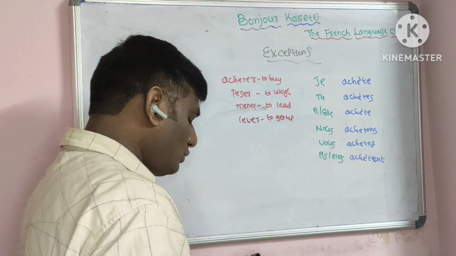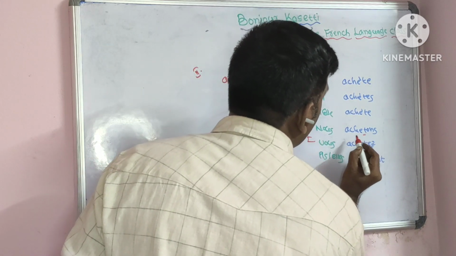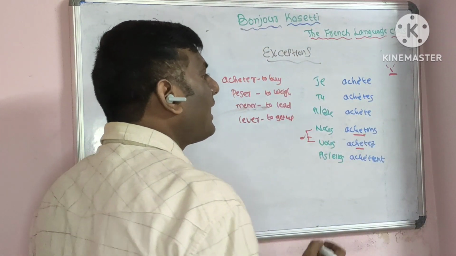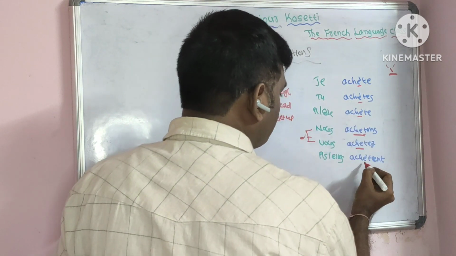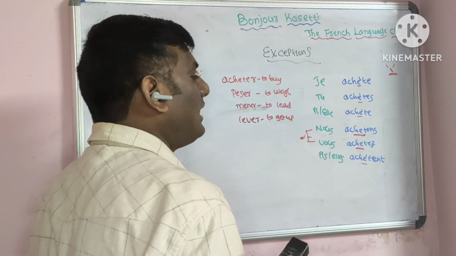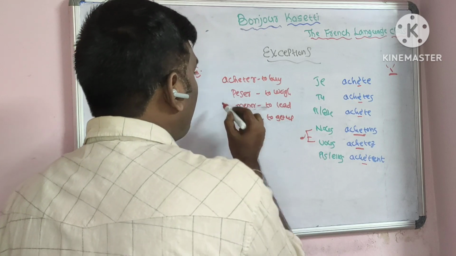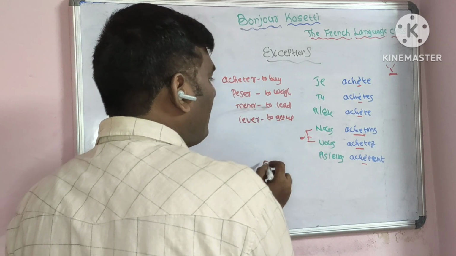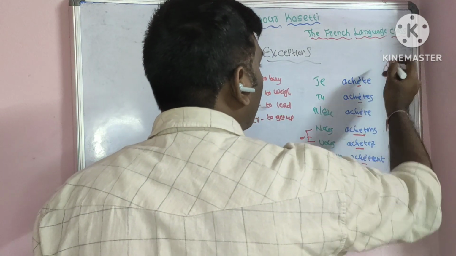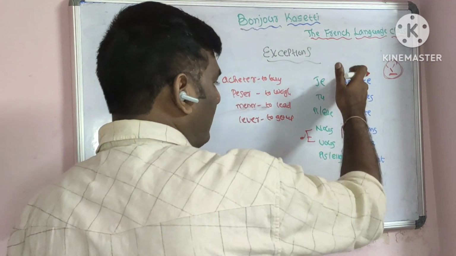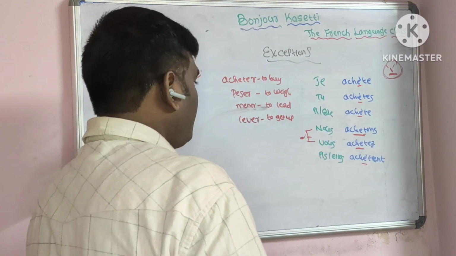We add an accent grave for everything except nous and vous. While writing nous and vous, we won't add the accent grave. For the remaining verbs also, peser, mener, lever, with nous and vous we should not use the accent grave. We wrote the accent grave for the remaining forms except nous and vous. This is one type of exception.